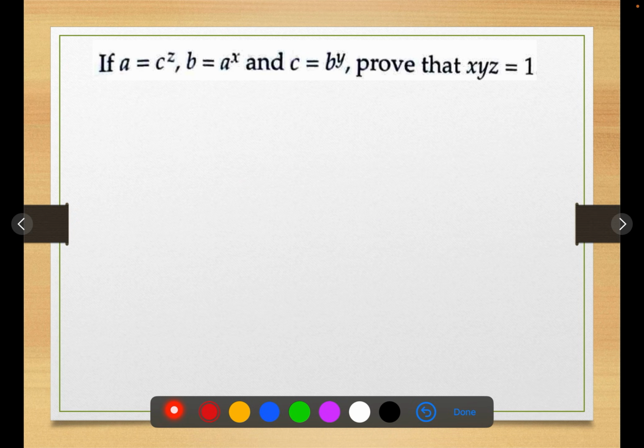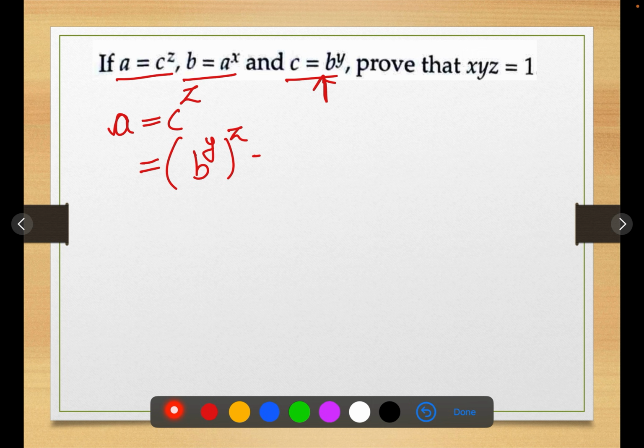Next question. Again I can see here a to the power cz is given to me, b to the power ax is given to me, c to the power by is given to me. I'll take up one and put the value of the rest. So let's take a to the power cz. Do I have the value of c here? Yes, I have the value. So I'll put the value of c. So what do I get? b to the power yz.